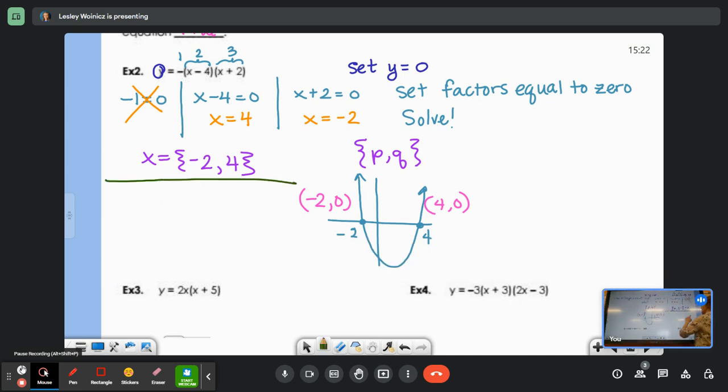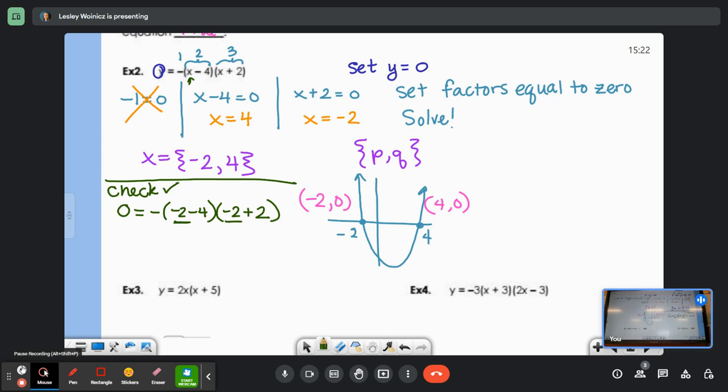So that's what we're going to do right now. This is our check. We just take each of these x's and plug them in. So 0 equals negative, open parentheses, x minus 4. Sorry, I forgot to plug in the negative 2 for the x. Negative 2 minus 4 is what I meant to say. Open parentheses, negative 2 plus 2. Do you see how both times I used the negative 2?